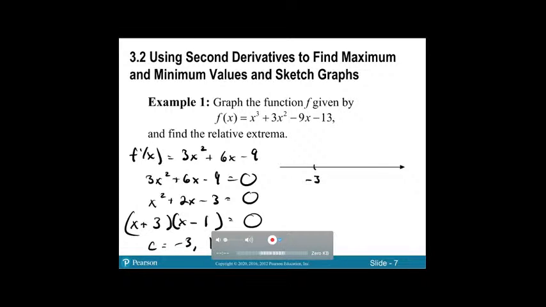So let's consider, first, let's look at f prime. Here, this is going to be a 0. These are both zeros. So to the left of negative 3, we could do something like negative 4, right?